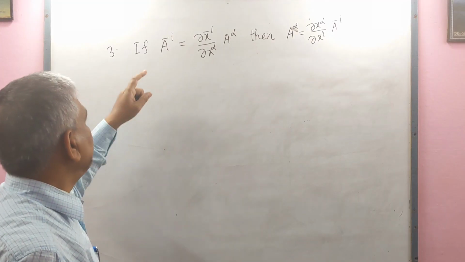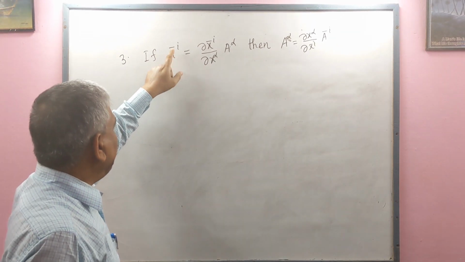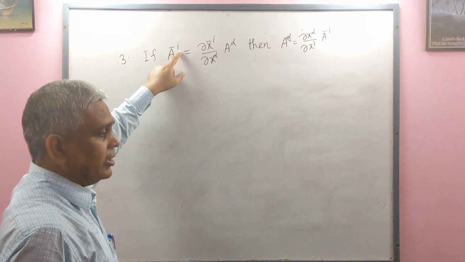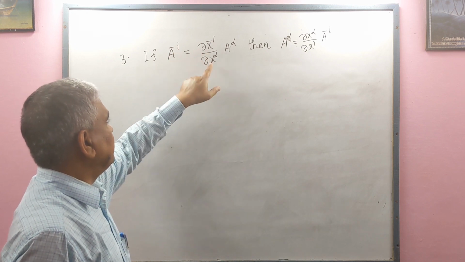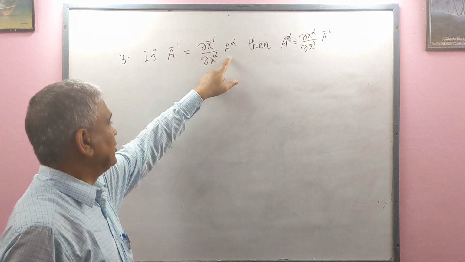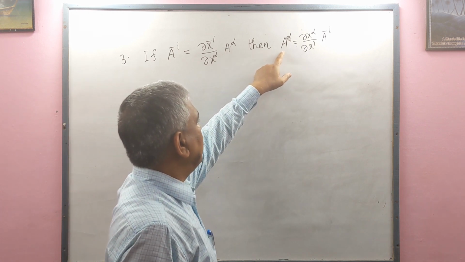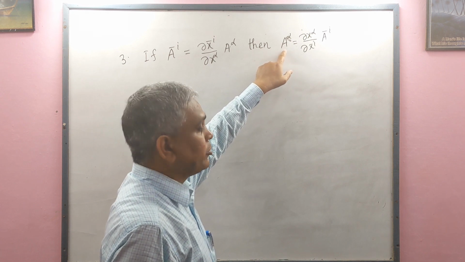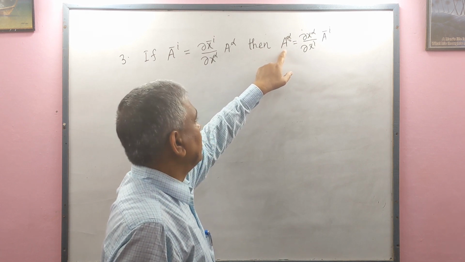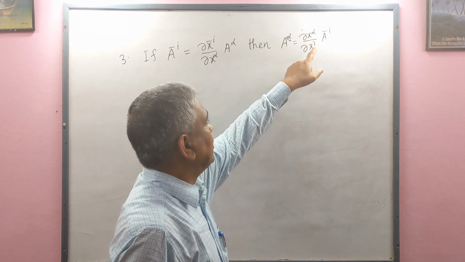Our next problem is: if a bar i, the contravariant vector, equals del x bar i by del x alpha, a alpha, then we have to prove that a alpha equals del x alpha by del x bar i, a bar i.